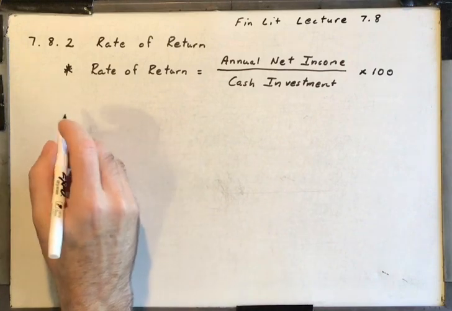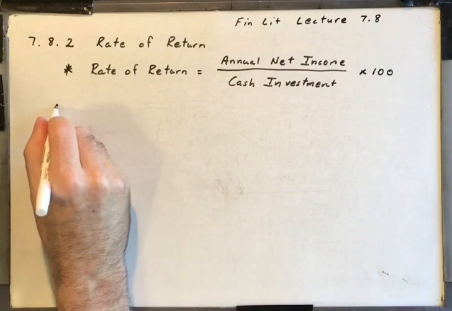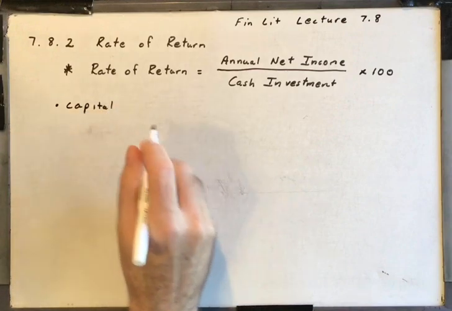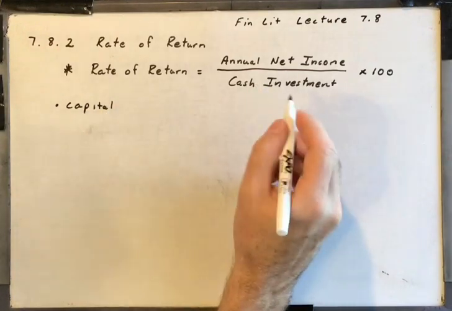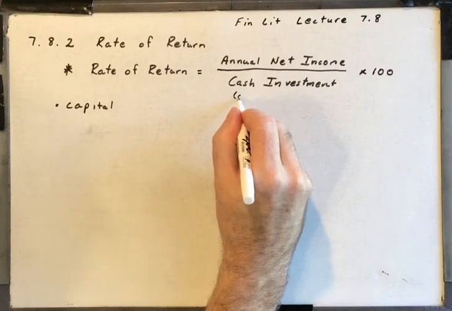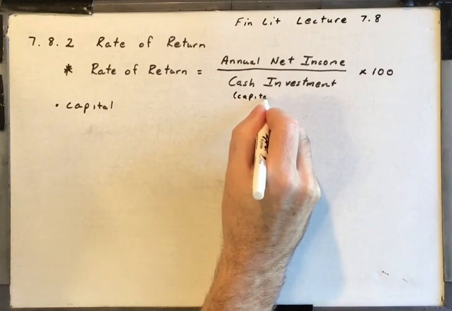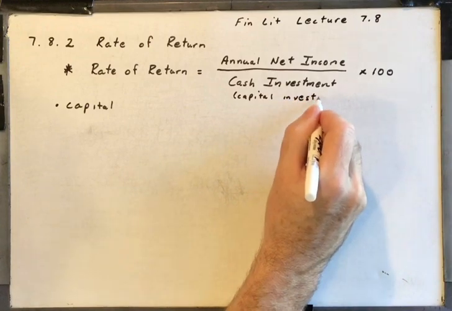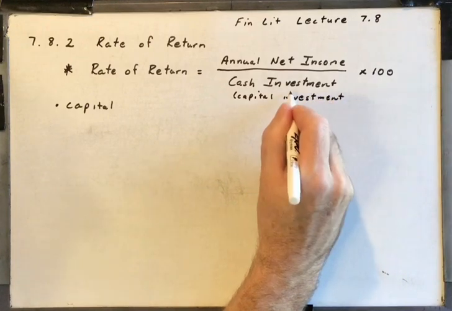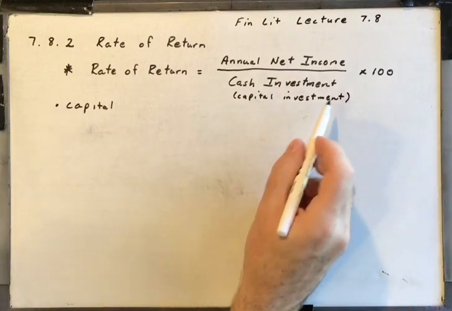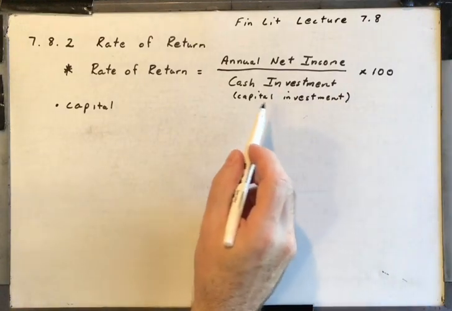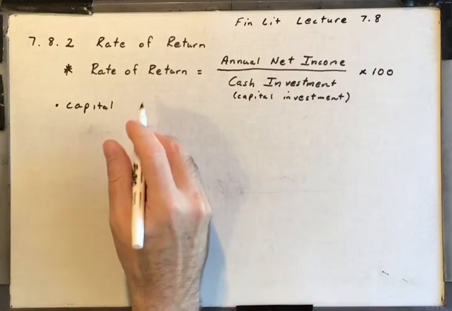A capital investment, this cash investment, you could also call it a capital investment. That's another word for cash investment. It doesn't include the money that the bank or a lending agency put in. So what you borrowed, they're the ones taking the risk.